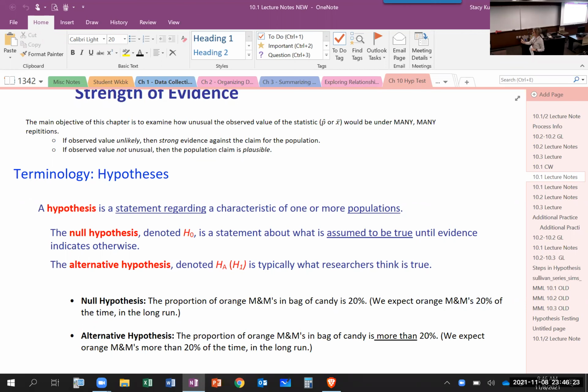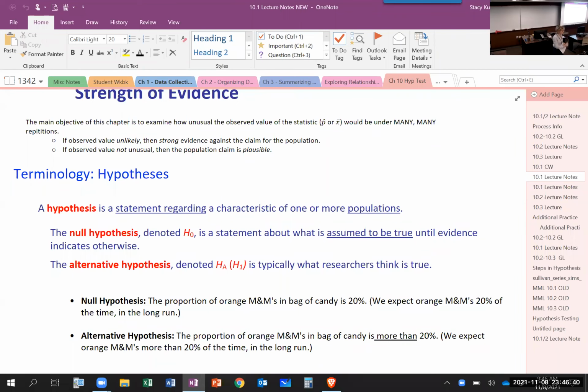So if it's unlikely for our sample proportion to occur, then we say we have strong evidence about the claim of the population.